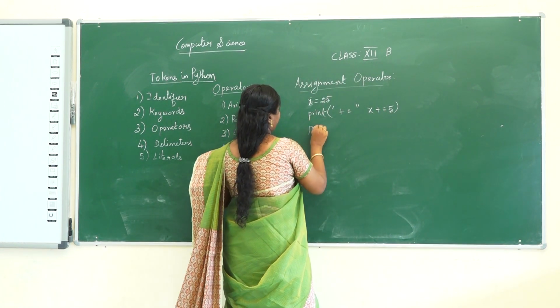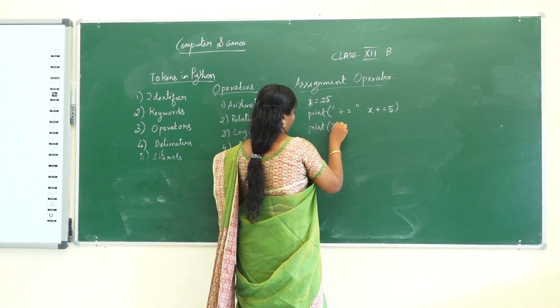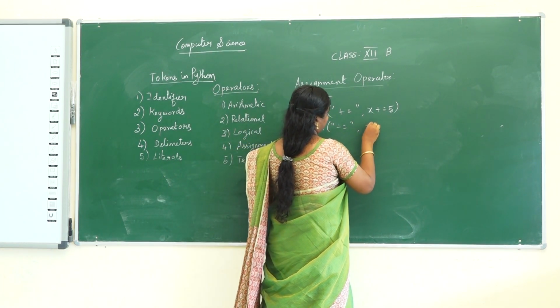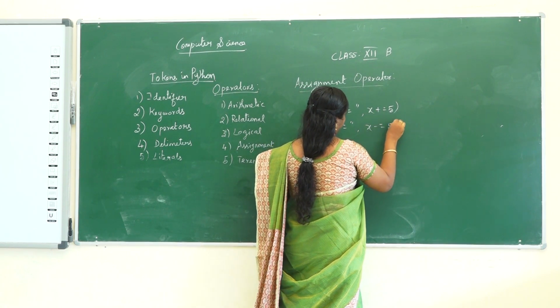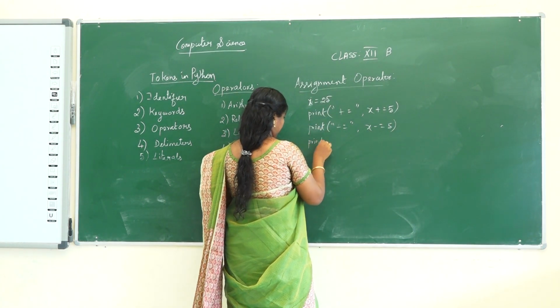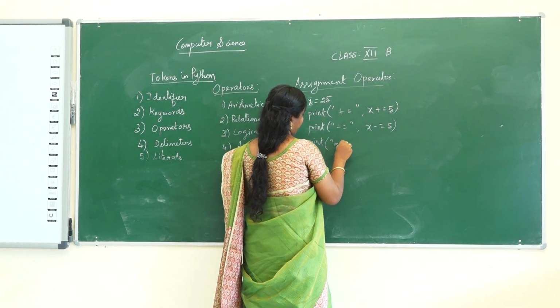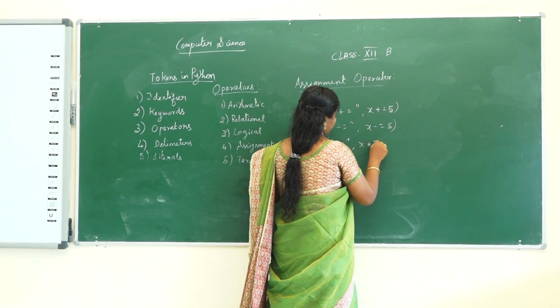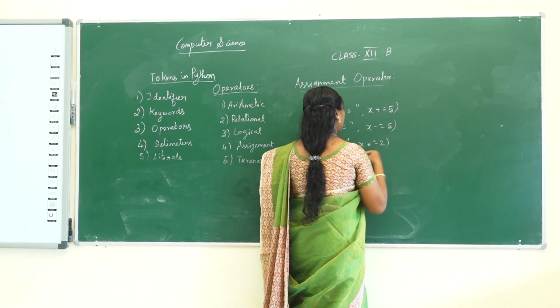And next one, x minus equal to 5, and print. Star equal to, x star is equal to 2.